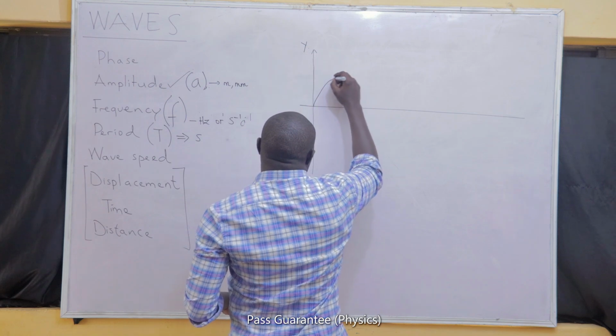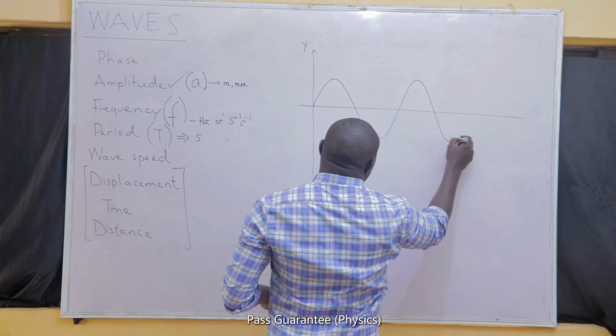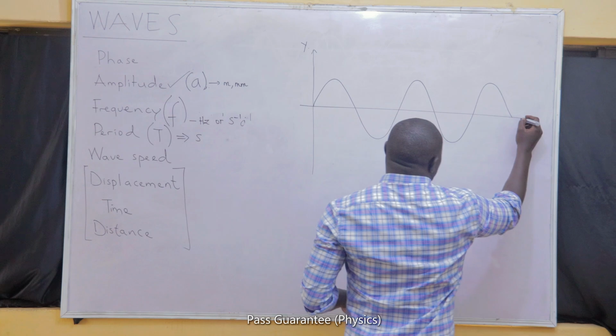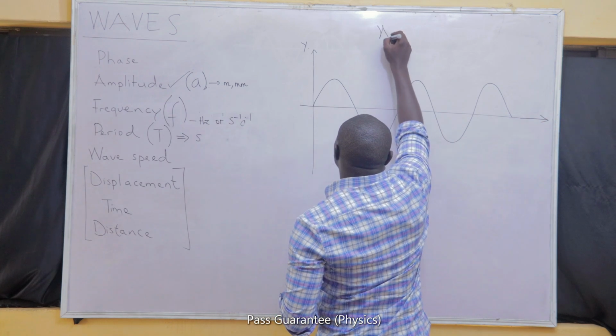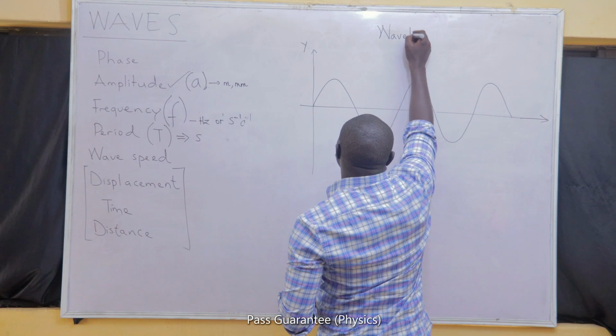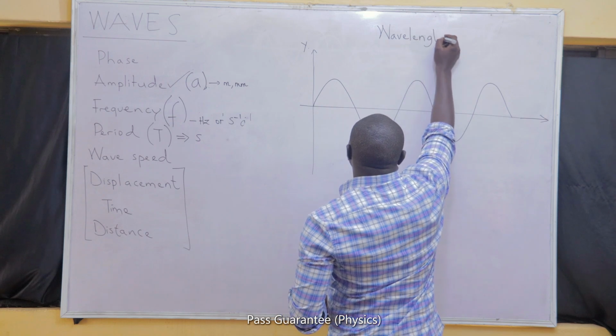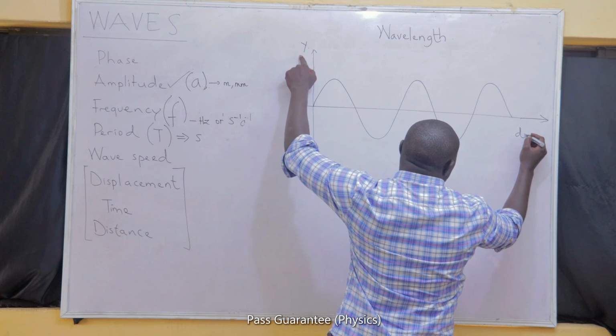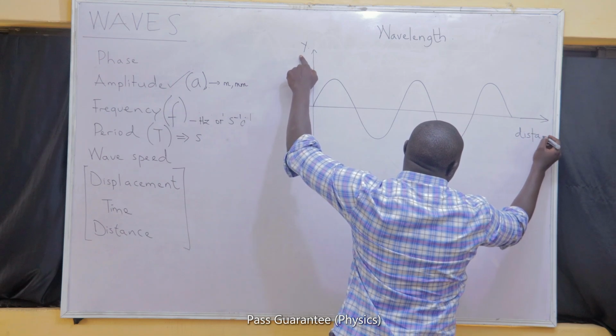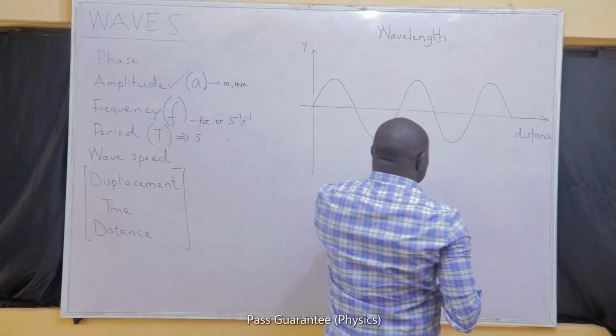We'll get it on a displacement distance graph. If you are going to get wavelength, we must get it on a displacement against distance graph.